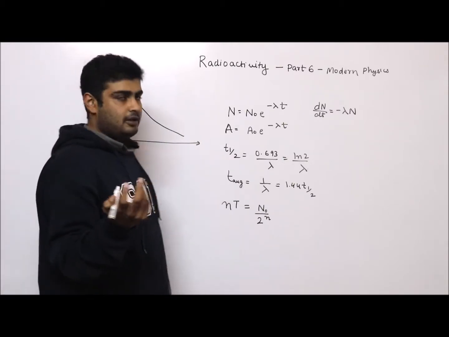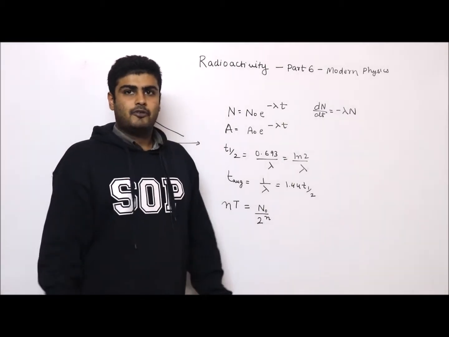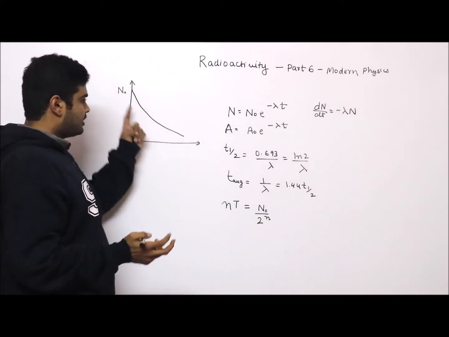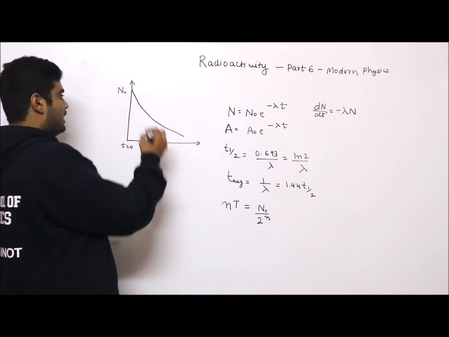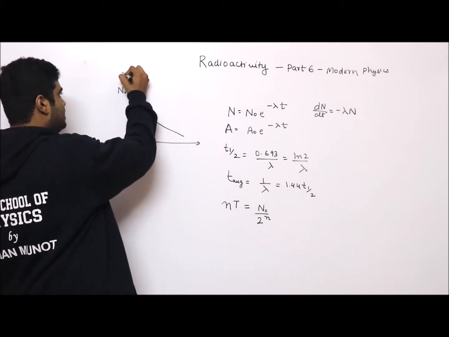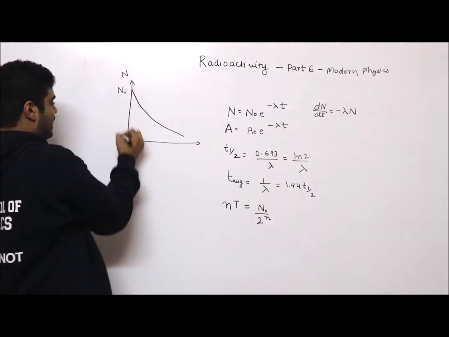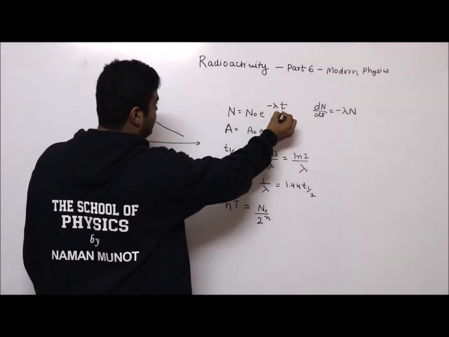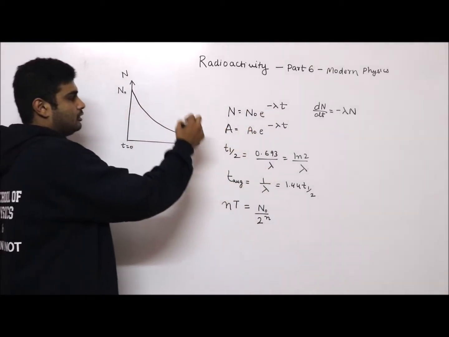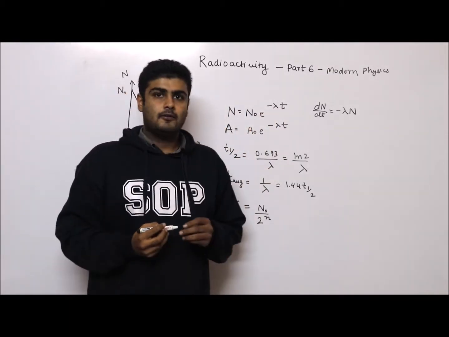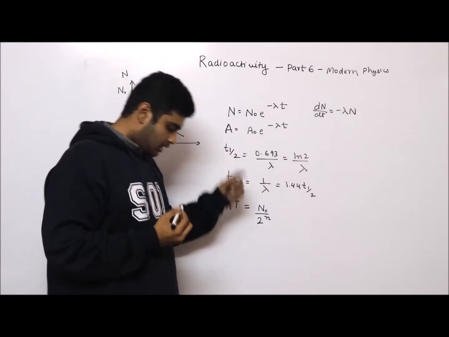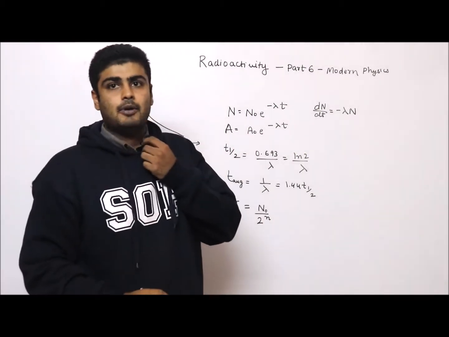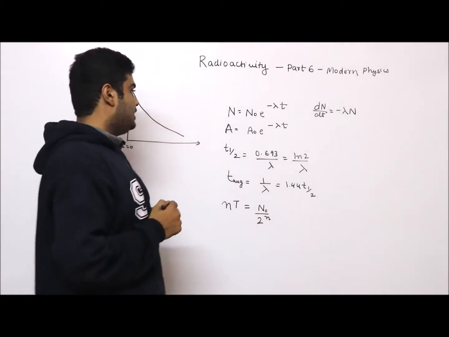Lambda will be given, or needs to be found out. The initial number of nuclei at t = 0 is N₀, and this is the number of nuclei at any time t. So N at any time t will be N₀ e^(−λt).